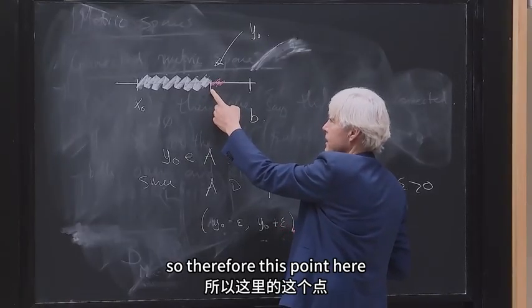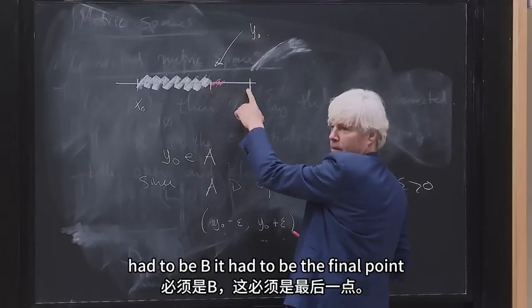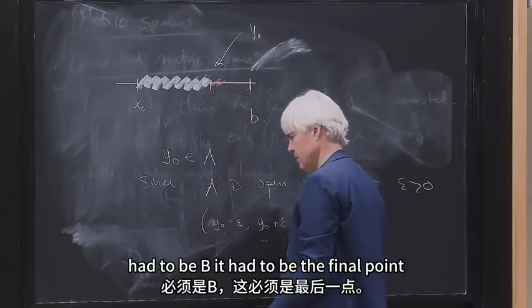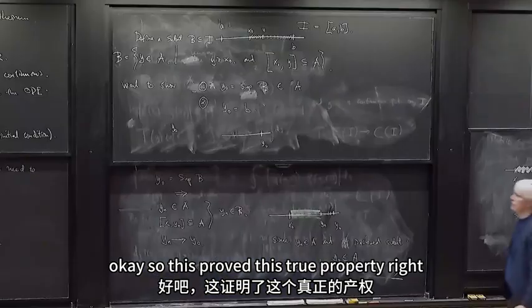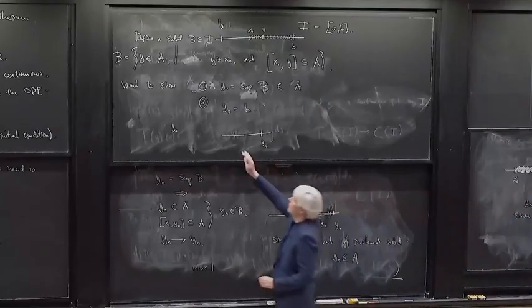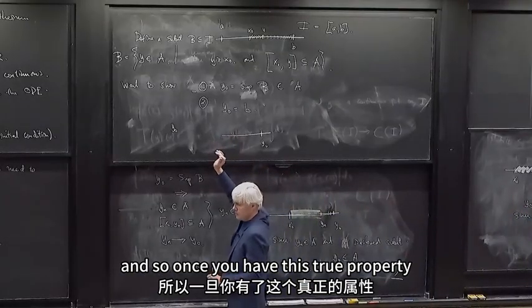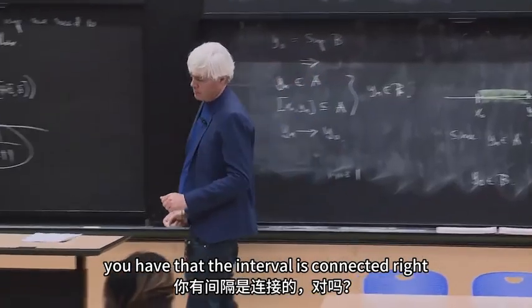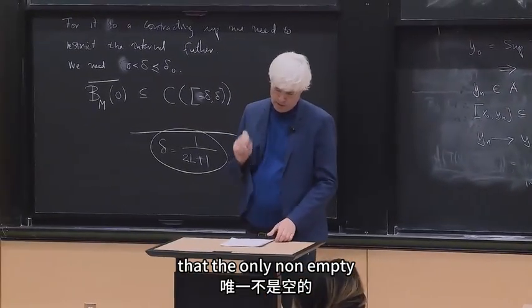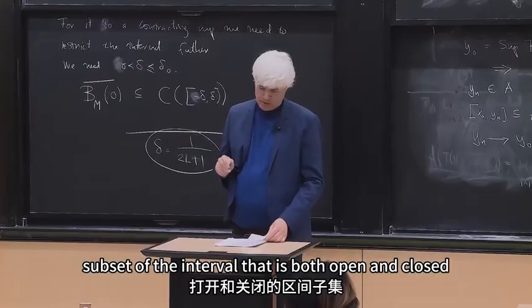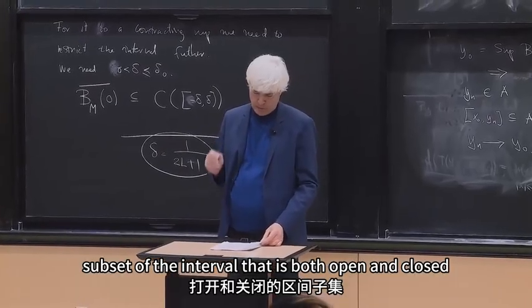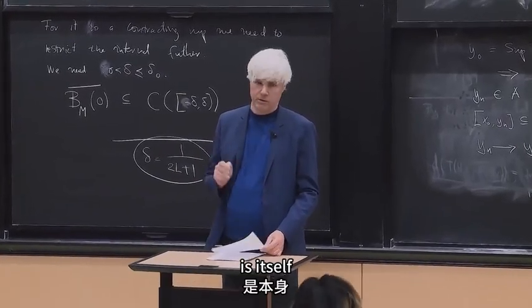Therefore, this point had to be B, the final point. So this proved this true property. And once you have this, you have that the interval is connected, that the only non-empty subset of the interval that is both open and closed is itself.